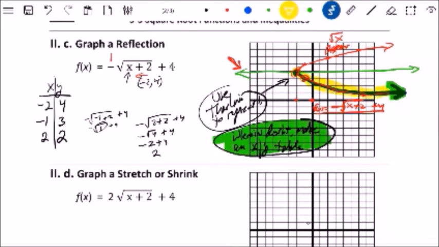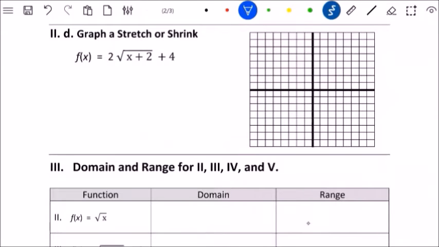So now here, we have graphed that reflection. Now let's look at this problem that's a stretch or shrink. And in this case, it's a stretch because we're multiplying by a number that's greater than 1. So this is definitely better done with an XY table. Let's take that inside the radicand.